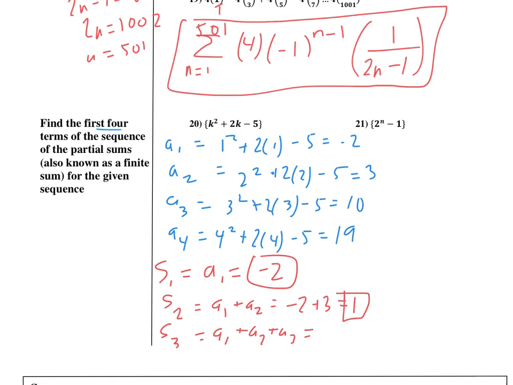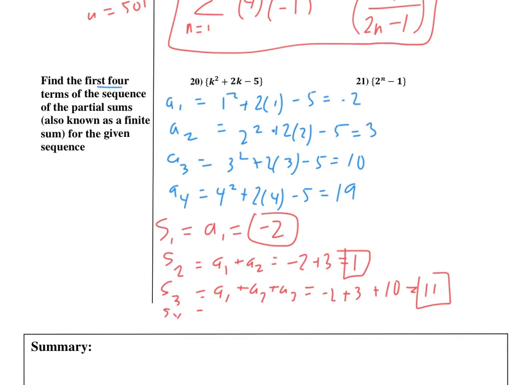So this one is going to be negative 2 plus 3 plus 10, and so that would be 11. And then s sub 4 would be a sub 1 plus a sub 2 plus a sub 3 plus a sub 4. So negative 2 plus 3 plus 10 plus 19, and that'll give us 30.